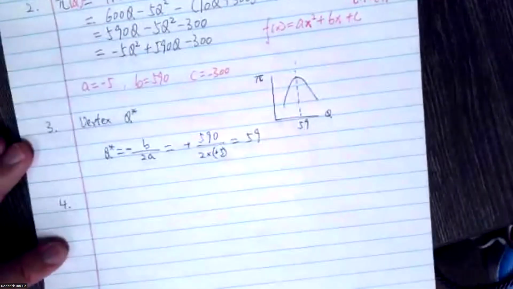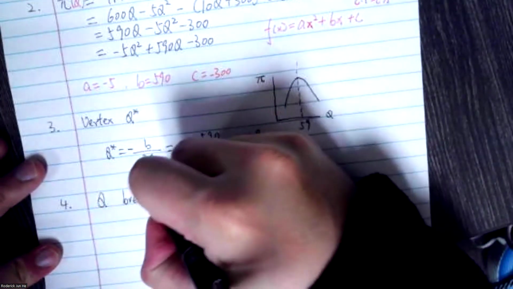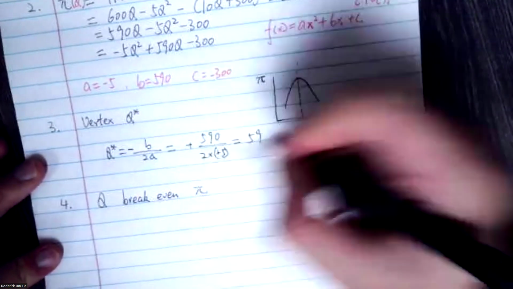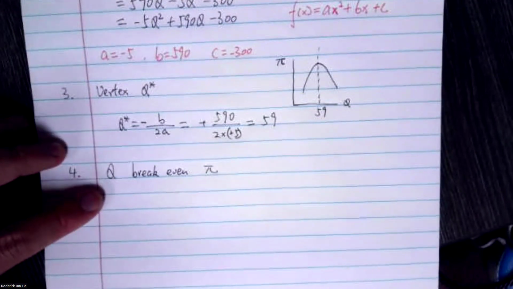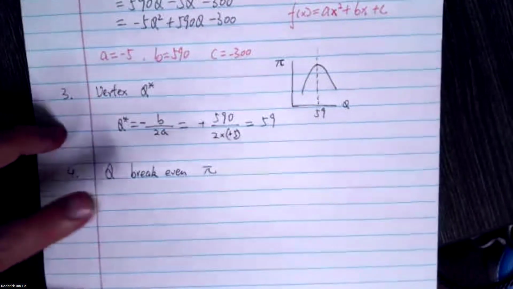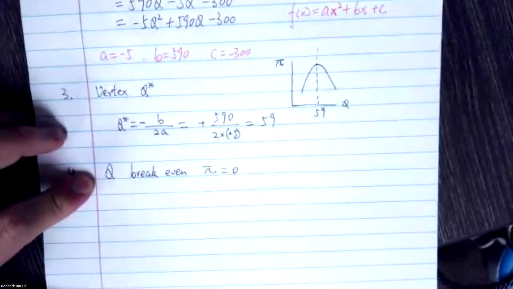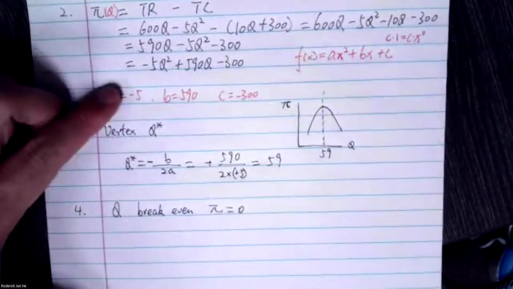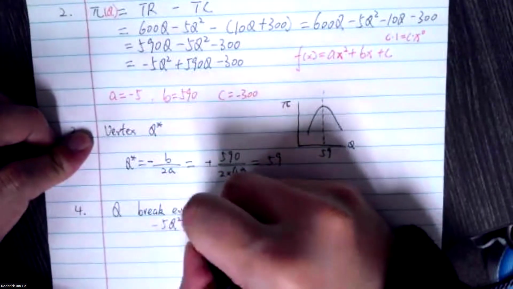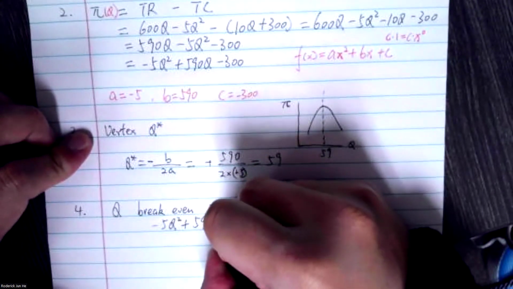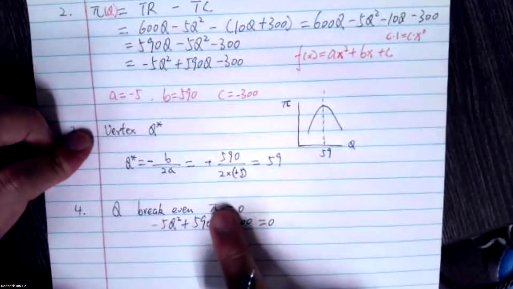Then question 4 asks you for the Q that breaks even the profit. Here, I'm not going to talk about the detail of the solution. I just want to let you know how to understand this break even. Break even means no profit, profit equal to 0. So basically what you are doing is to solve minus 5Q squared plus 590Q minus 300, which is the expression of pi, equal to 0.